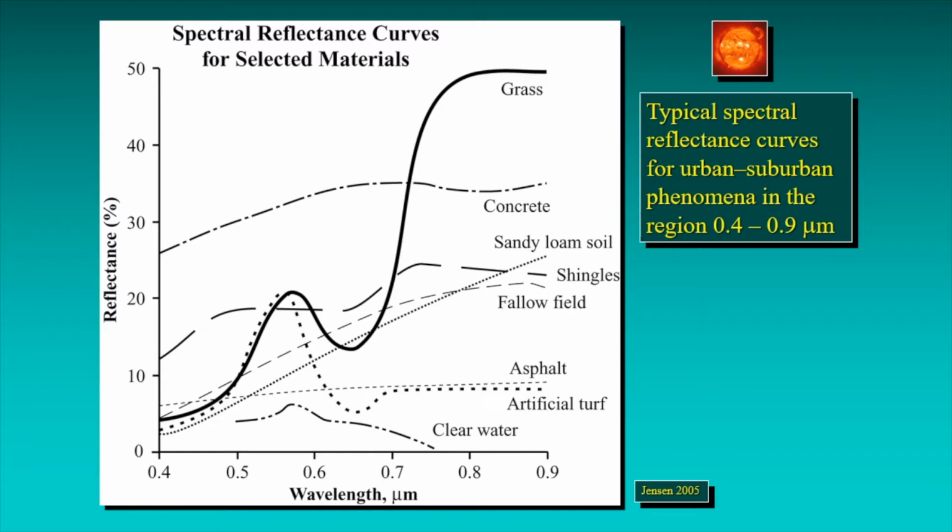And we say spectral reflectance curves because we have percent reflectance values that are computed in multiple portions of the electromagnetic spectrum. And on this graph, we see these smoothly undulating continuous curves.